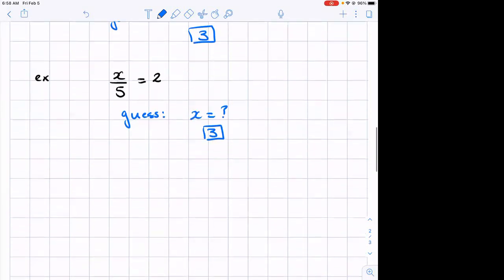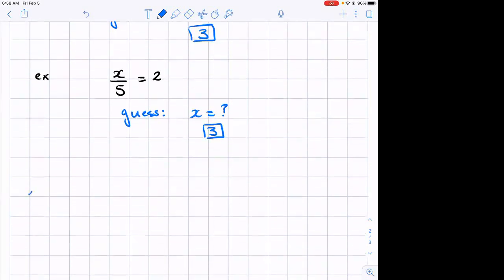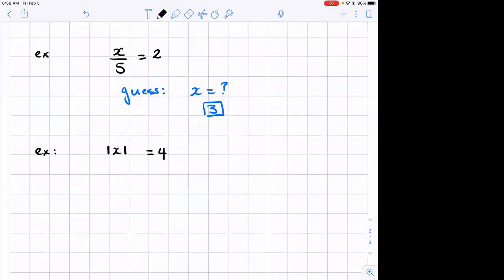Now, here you have to be careful. For example, if I tell you the absolute value of x is equal to 4, guess: x is equal to what?